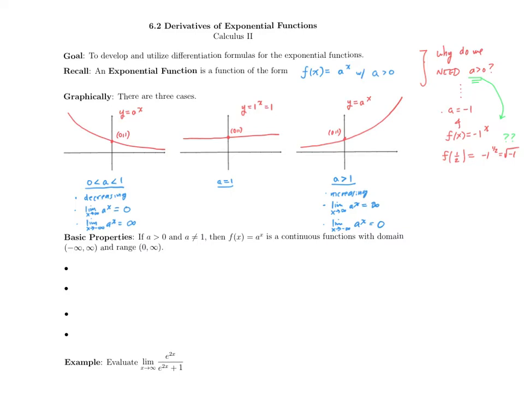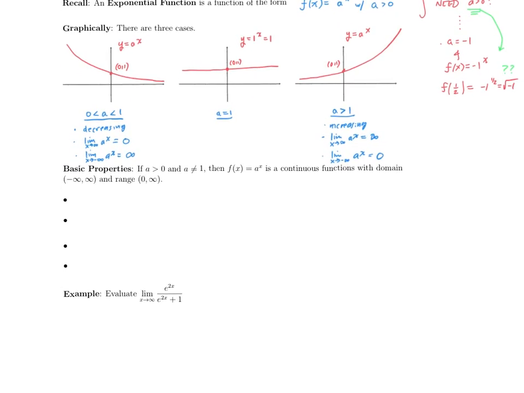But for now, let's go ahead and explore some of those basic algebraic properties of the exponential functions that you've most likely used over and over again in your pre-calculus experience. So if you have a to the x plus y, properties of exponentials tell us that this is a to the x times a to the y. Similarly, a to the x minus y becomes a to the x over a to the y.